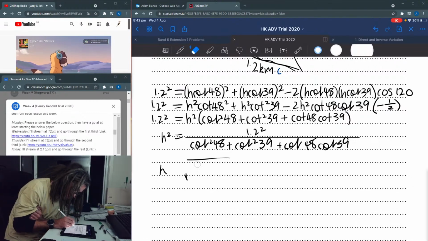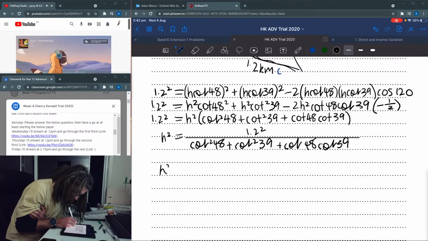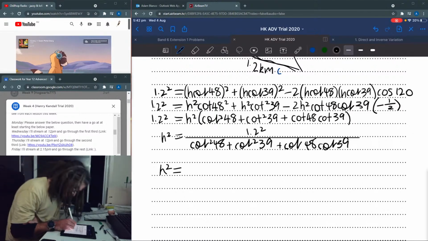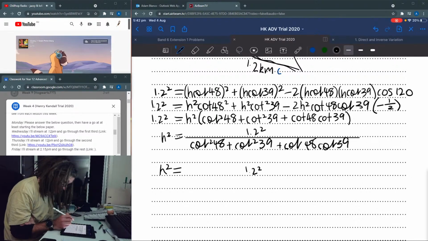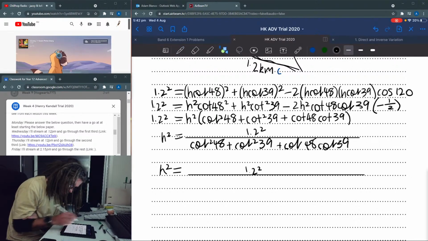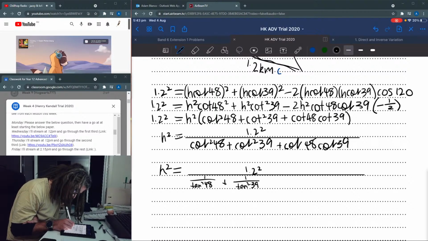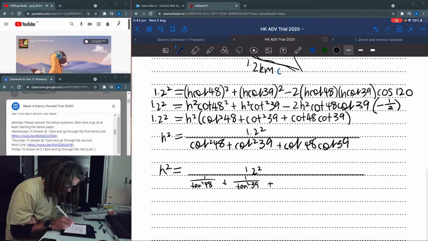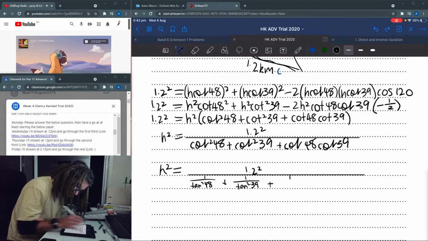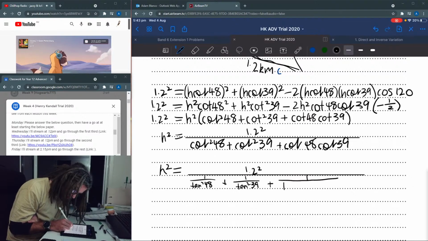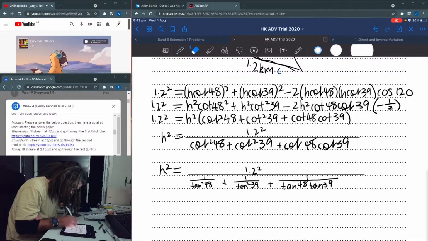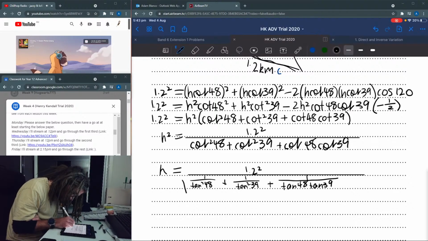Okay, let's go another step. You can't type cot into the calculator. What I can type is 1 on tan. So I can write 1 on tan squared 48 plus 1 on tan squared 39 plus 1, and h equals the square root of that.